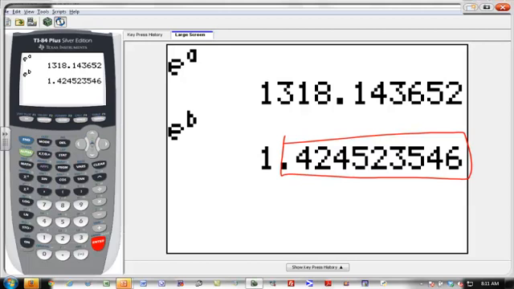But this number is bigger than 1, it's an increase, and that number is increasing by about 42% per year. So, that's the interpretation of what we've got. We started with a linear regression, and we were able to transform the data in order to get an exponential equation that models this data.